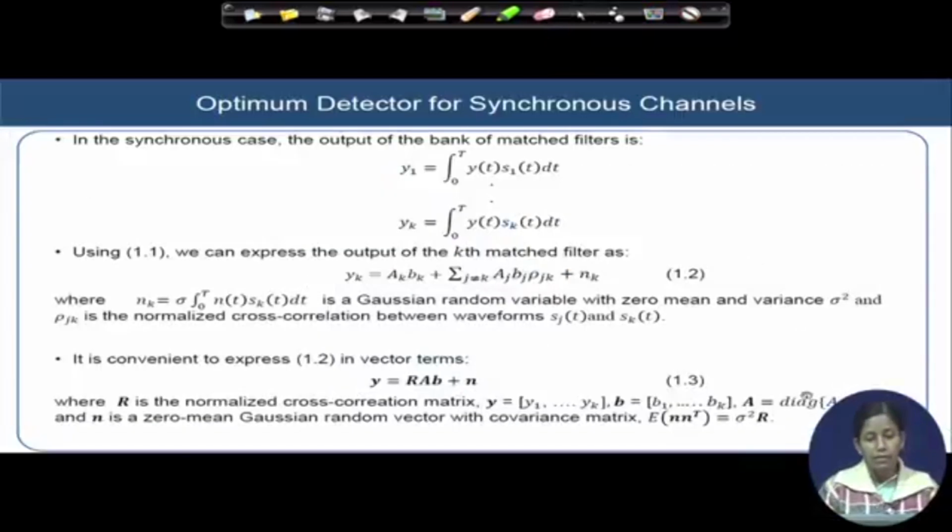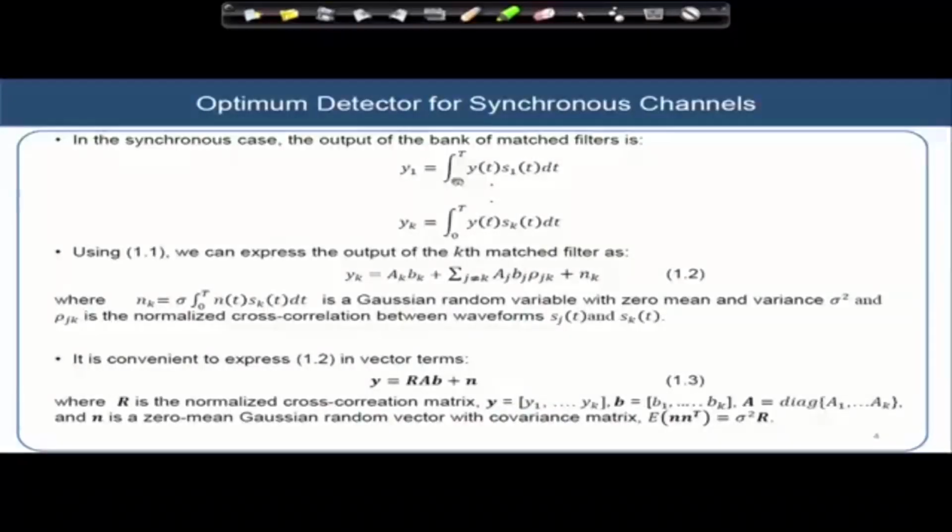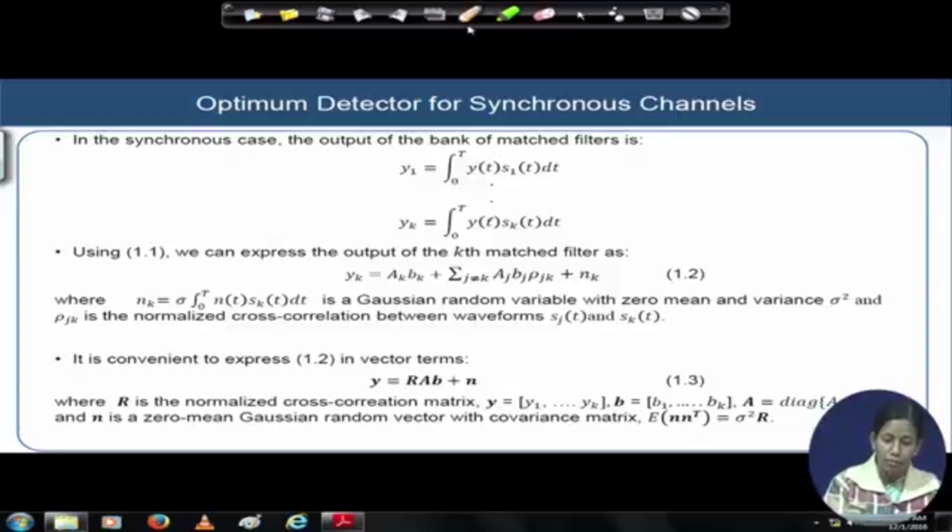If I express the same theory in mathematical terms, inside each and every matched filter we are integrating the incoming signal, multiplying it with its own signature waveform matched to that particular user, and then integrating over the duration of interest.